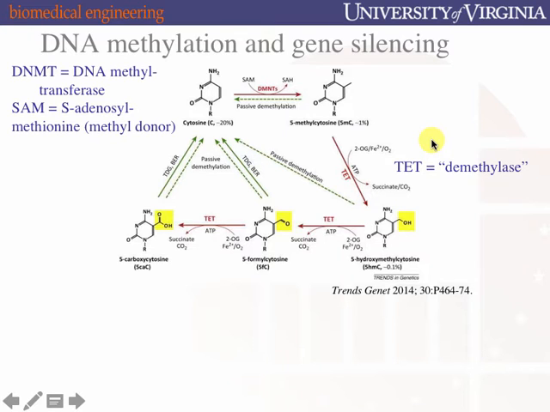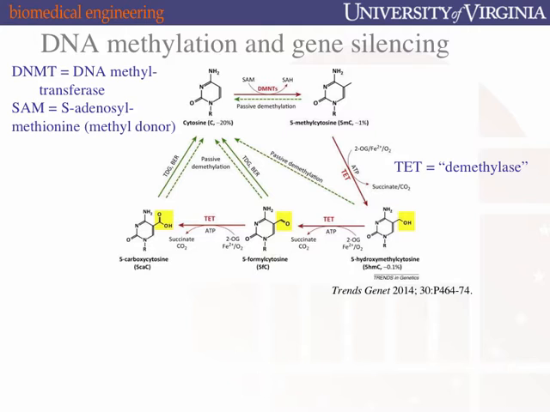The TET acronym, if I tell you it stands for ten-eleven translocation, doesn't mean anything. But the TET enzyme is a dioxygenase that moves the methyl cytosine to a progressively oxygenated state that will be recognized by the base excision repair machinery.